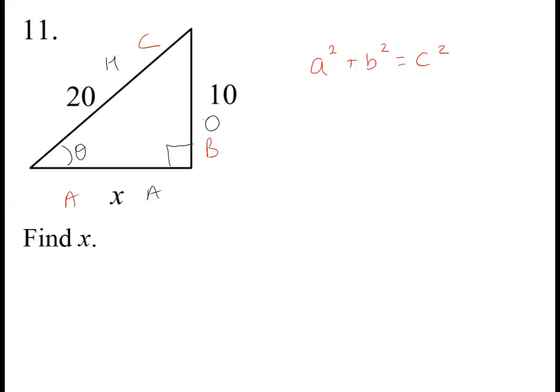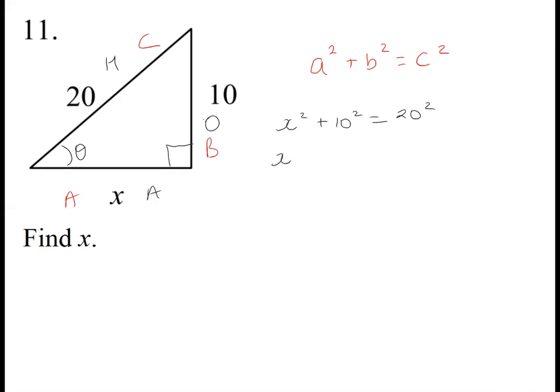So A is x, so we have x squared plus b squared, b is 10, is equal to c squared, which is 20 squared. And now we just need to simplify and solve for x.